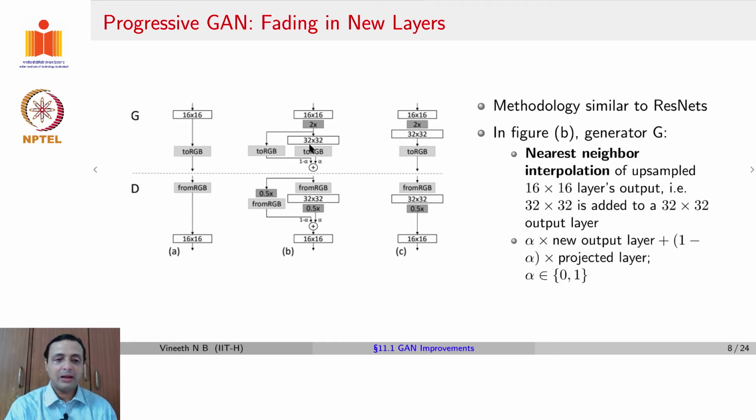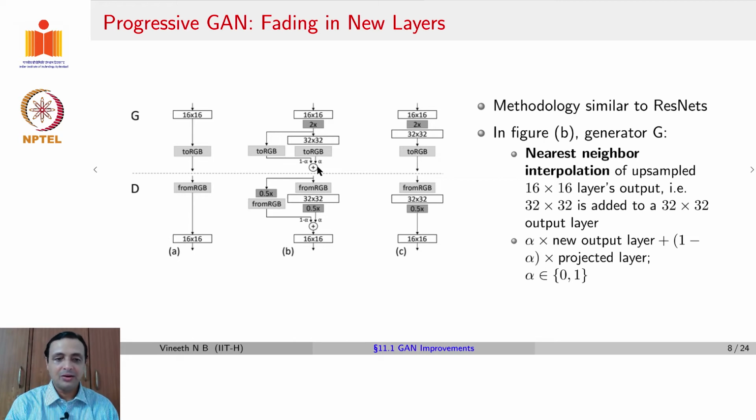You see now that while you had an initial resolution of 16 x 16, when you step up to 32 x 32, the nearest neighbor interpolated version of the 16 x 16 layer's output, when you interpolate, you get a 32 x 32 output that is added to the 32 x 32 layer through a skip connection.